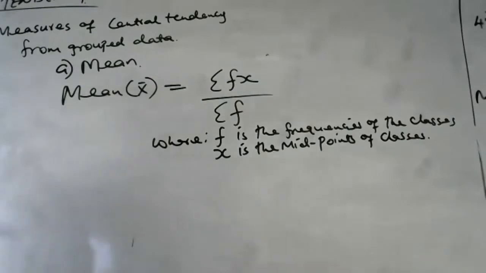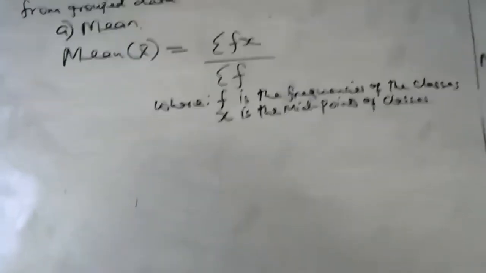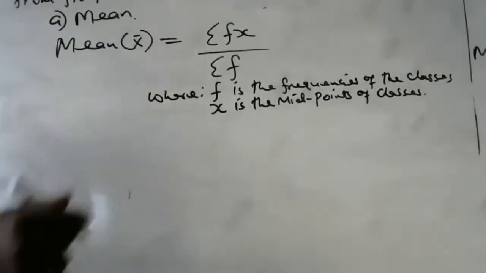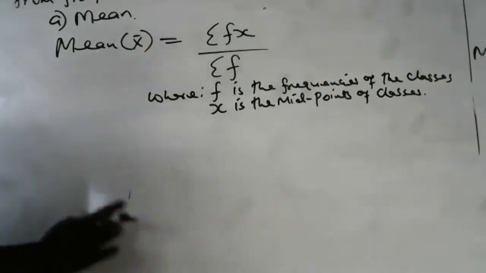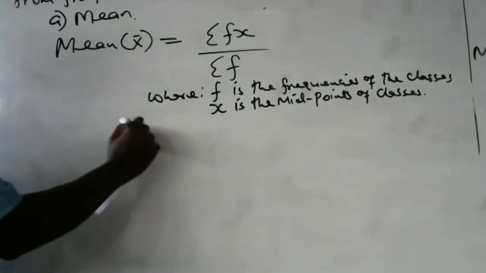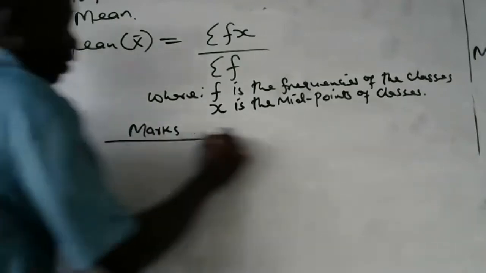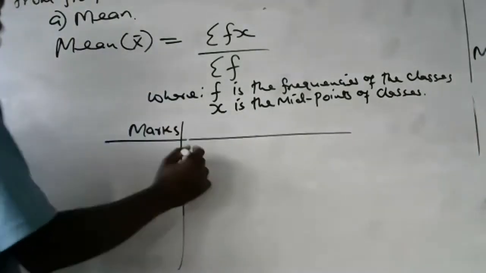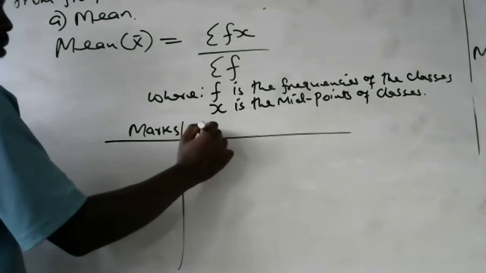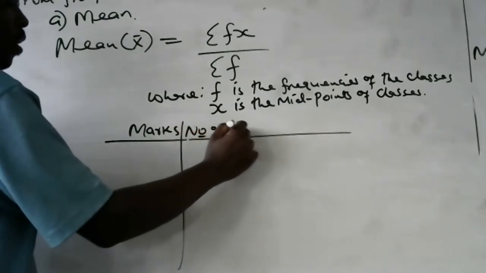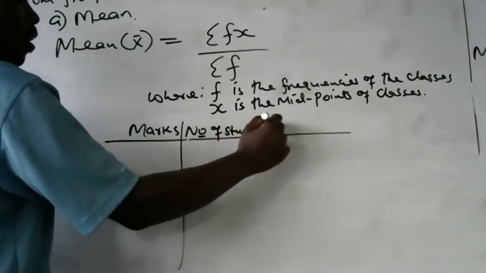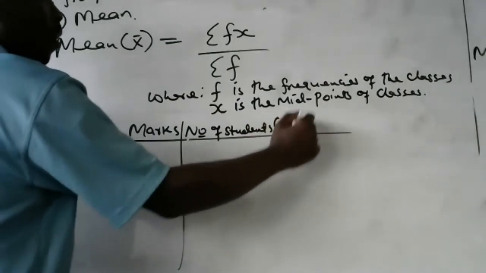Let us have a very simple example here to illustrate that. If you are given data like this, maybe you are given the marks in the form of classes, and then here you are given the number of students. These are actually your frequencies.